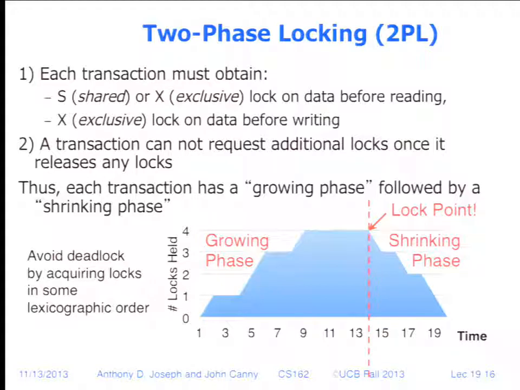We'll get to this a bit later, but it's also desirable to try to lexicographically order the locks that are acquired so that you can avoid deadlock. Basically, you want to always acquire A before B before C, and so on, so that you can't have some D being acquired before A and creating a cycle.